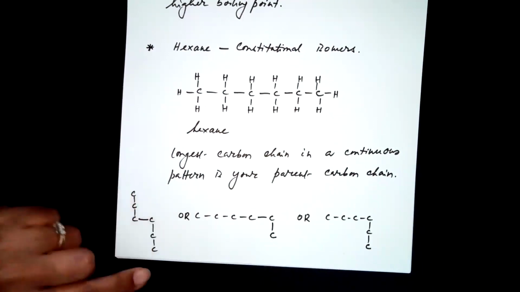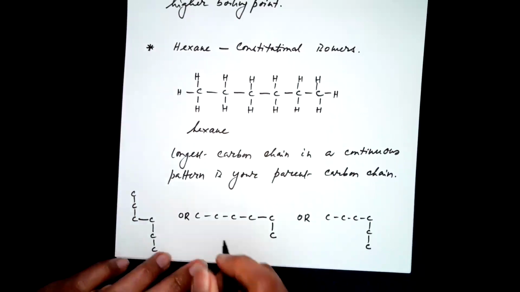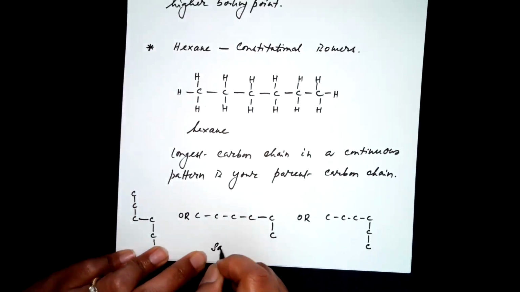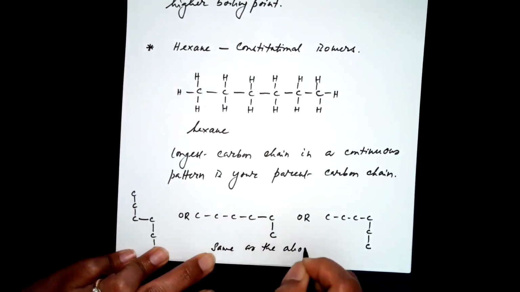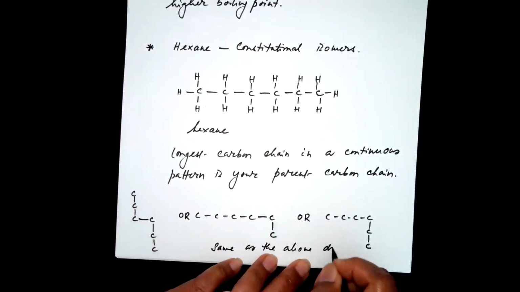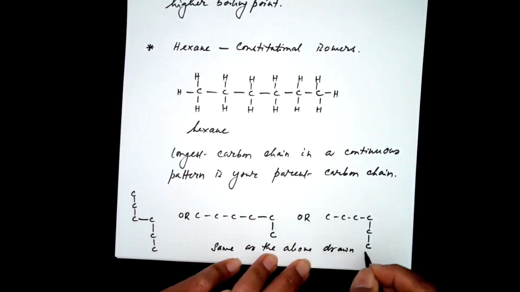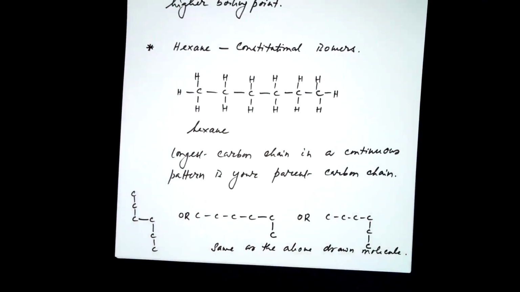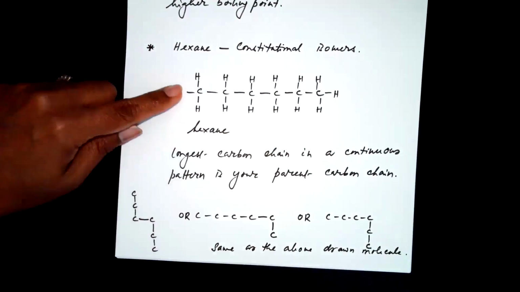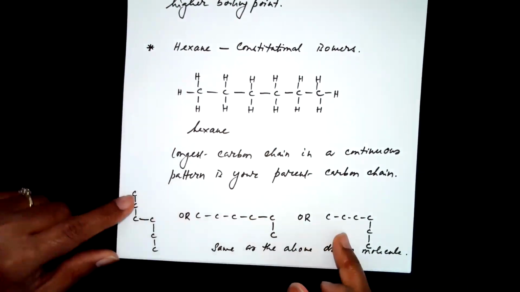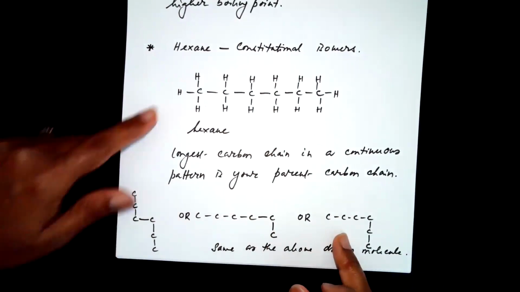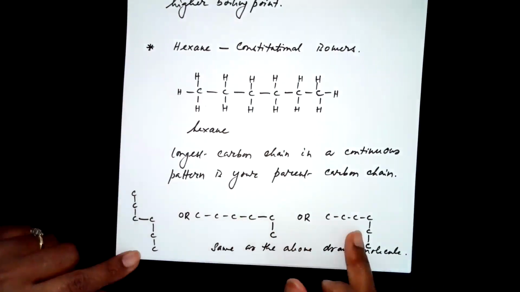And that is my longest carbon chain. So these are all same as the above drawn molecule. There's absolutely no difference between this and either one of these. So these are not considered as constitutional isomers of that. It is the same thing.